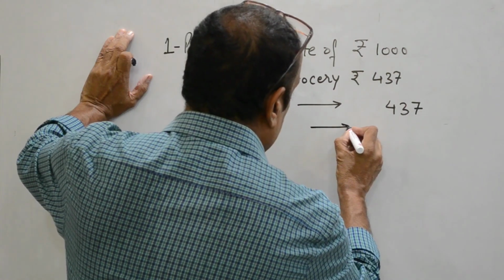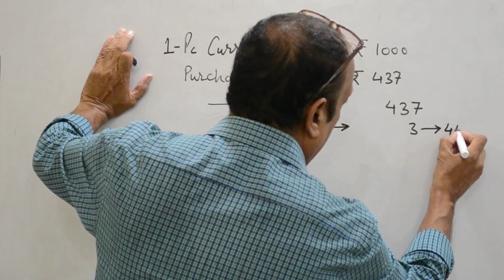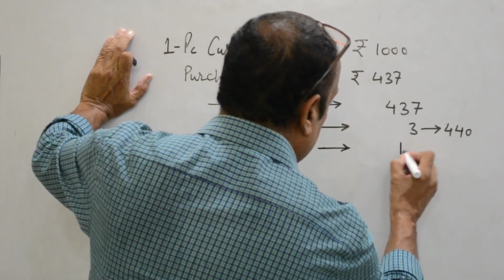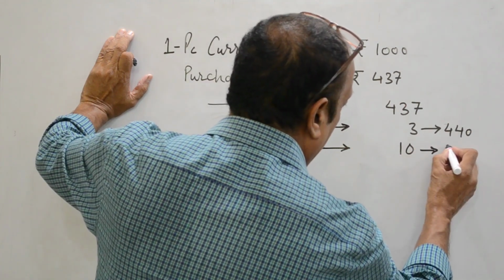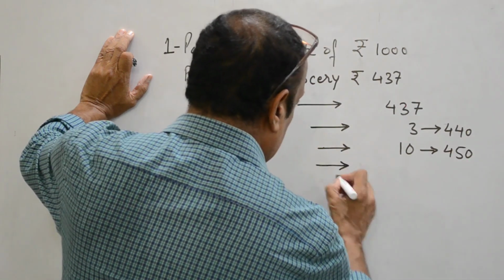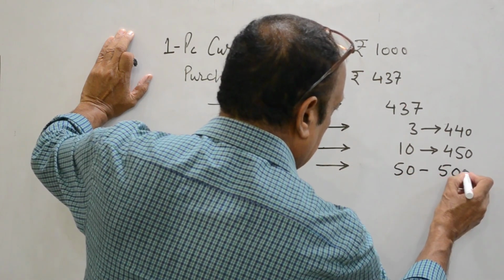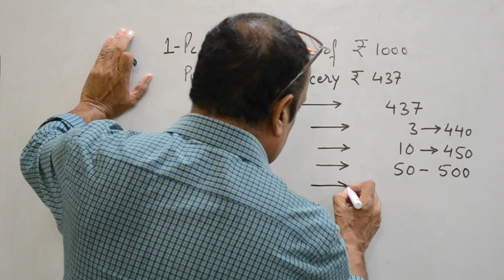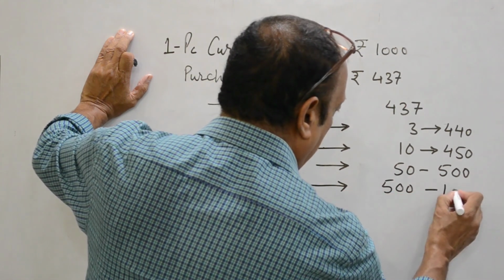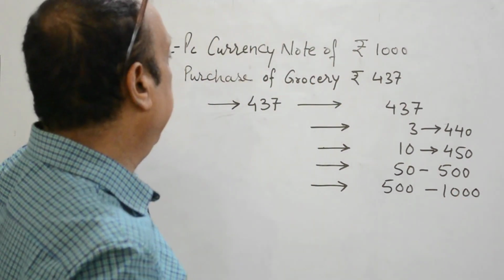Now take this 3 rupees and now you have 440 rupees. Now take 10 rupees more and you have 450 rupees. Now take this 50 rupee note and you have 500 rupees, and finally take this 500 rupee note and your 1000 rupees are totally complete.